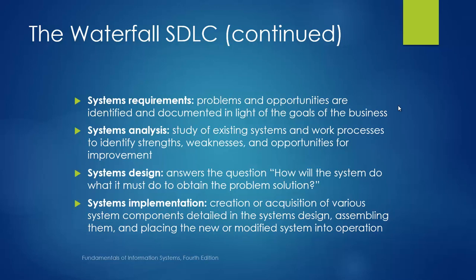Systems design will answer the question of how well the system does what it must do to obtain the problem solution. And then with systems implementation, the creation or acquisition of various system components detailed in the system's design, assembling them, and placing the new or modified system into operation.